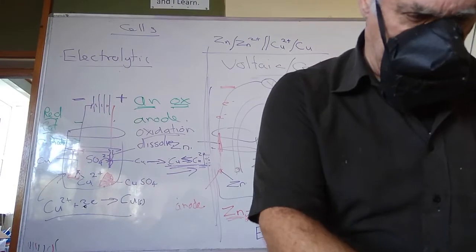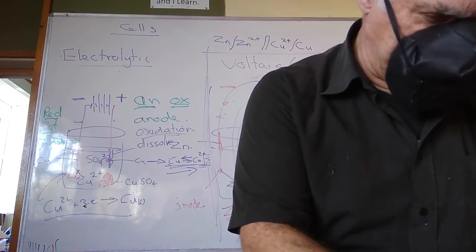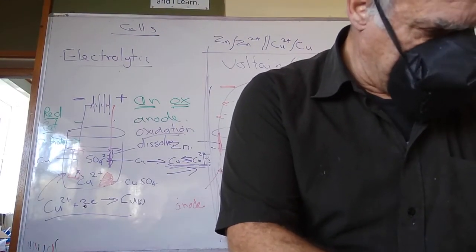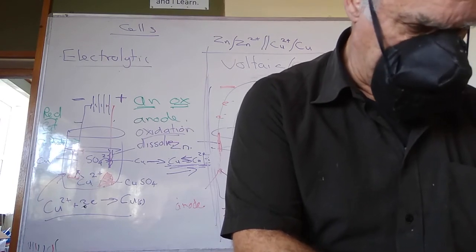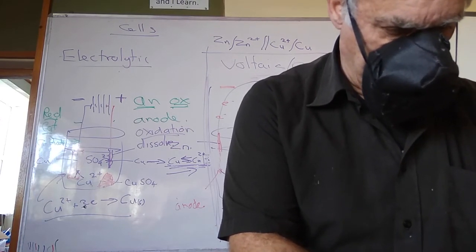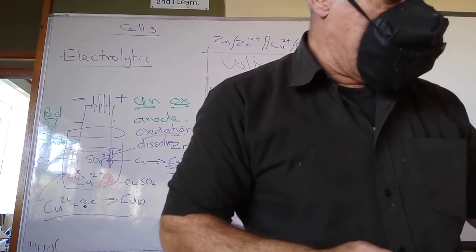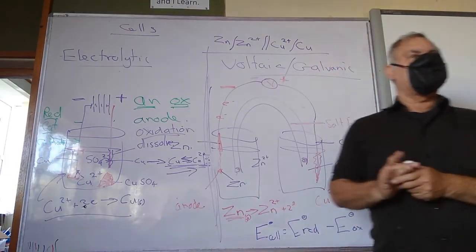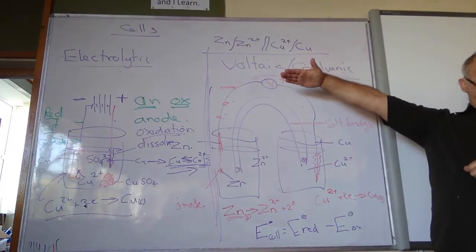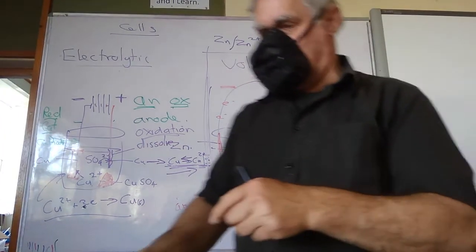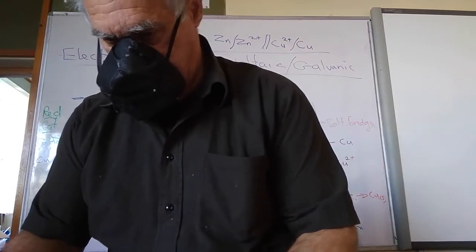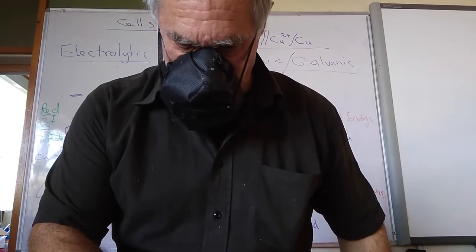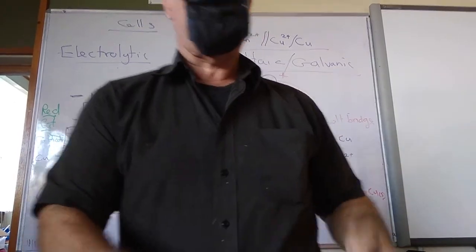Okay, you're number 8. Okay, so find the zinc half reaction on your redox table. So it was minus 0.76.